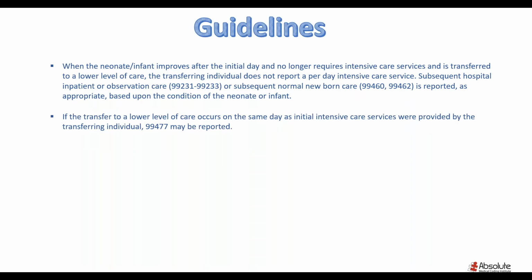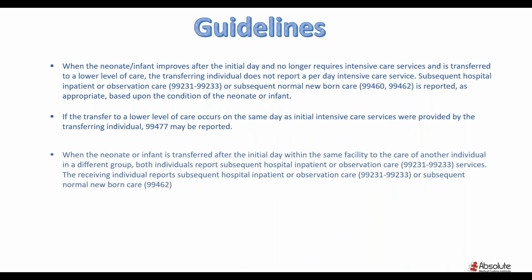If the transfer to a lower level of care occurs on the same day as initial intensive care services were provided by the transferring individual, 99477 may be reported. When the neonate or infant is transferred after the initial day within the same facility to the care of another individual in a different group, both individuals report subsequent hospital inpatient or observation care services. The receiving individual reports subsequent hospital inpatient or observation care or subsequent normal newborn care.